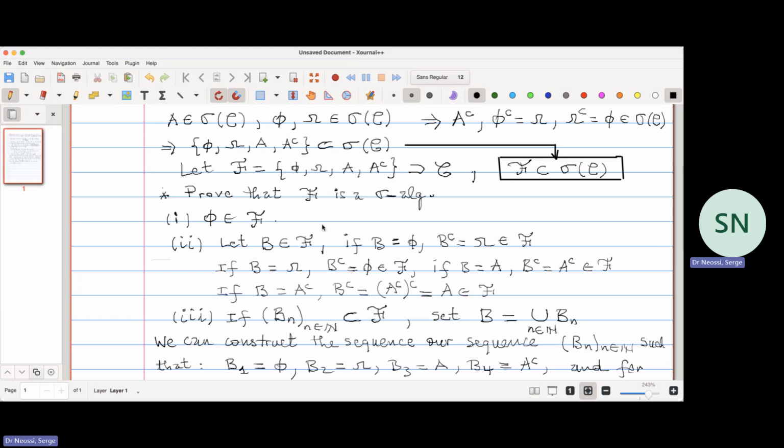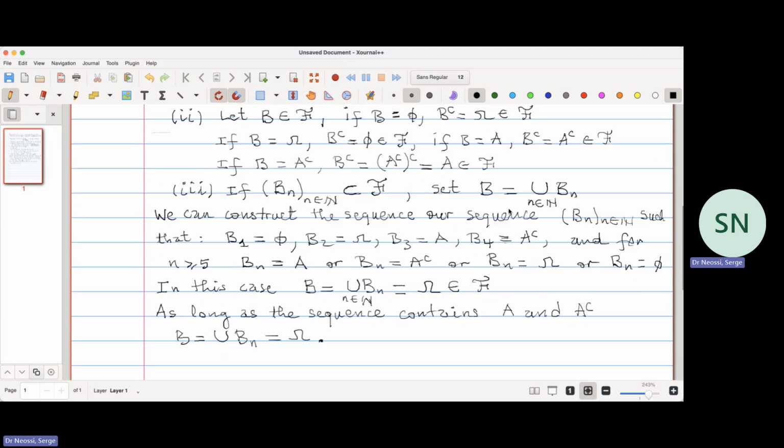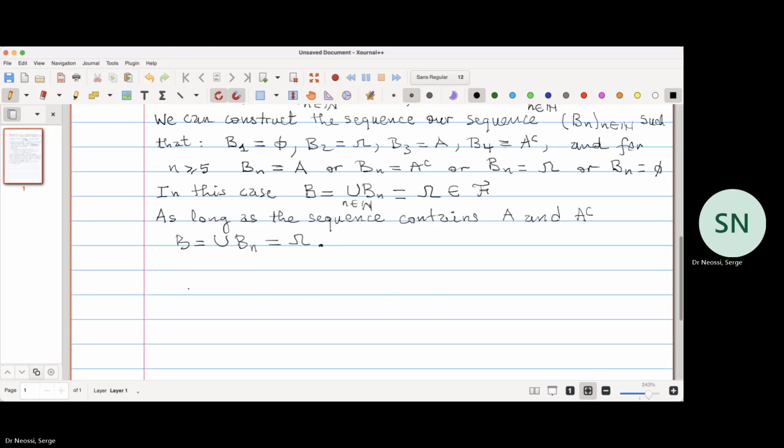Okay, so F being a sigma algebra, what is the conclusion of this? F being a sigma algebra containing C, it will contain the smallest sigma algebra containing C. This is implied by the definition, sigma of C is contained in F. Why?